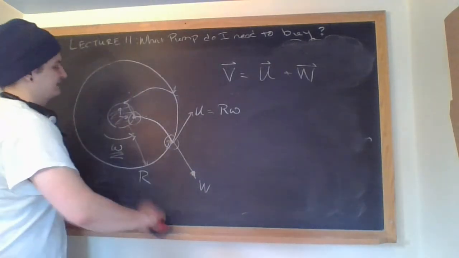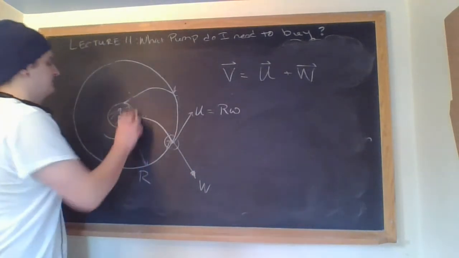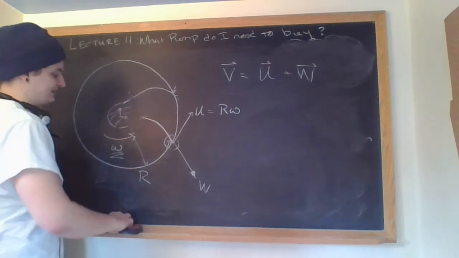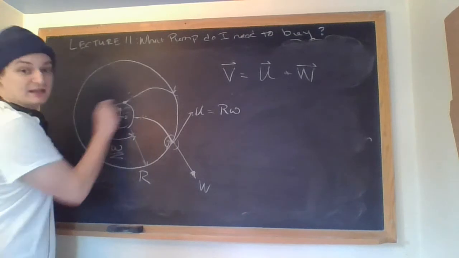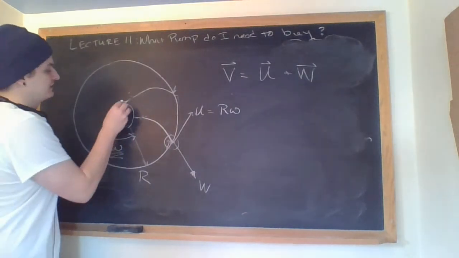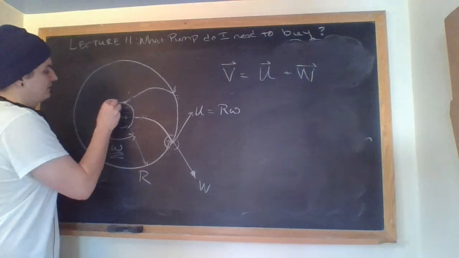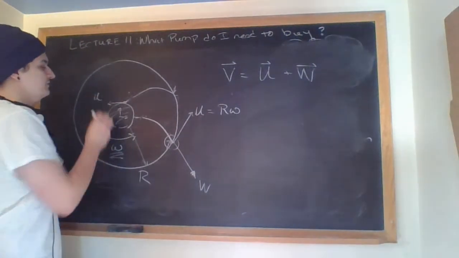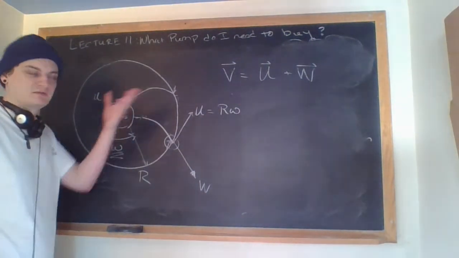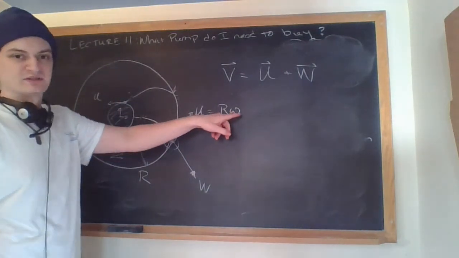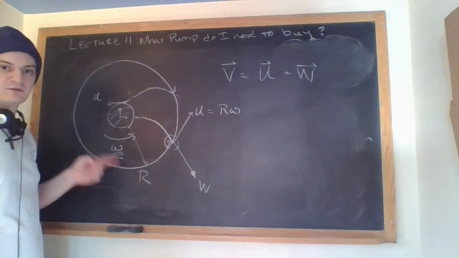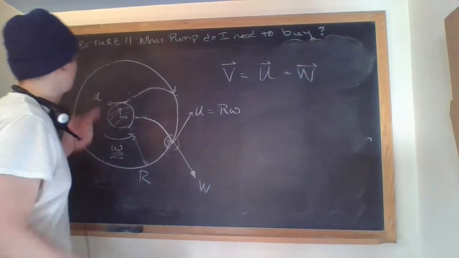And you can do the exact same thing here. I don't know if you'll be able to really see this here. It's in the notes, but I can do the exact same thing here on the interior. So on the interior, I also have a U, but it's a smaller radius. So clearly that term's going to be lower because it's just R times omega. Clearly this radius is smaller than that one, so I know this U is going to be smaller.